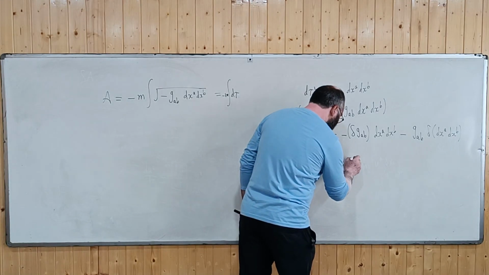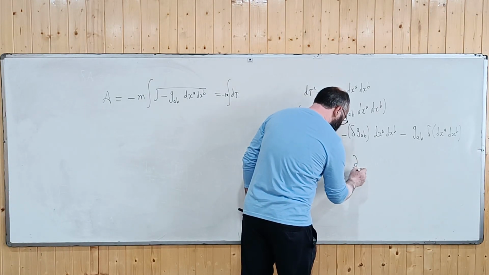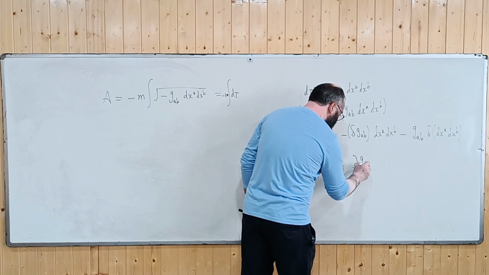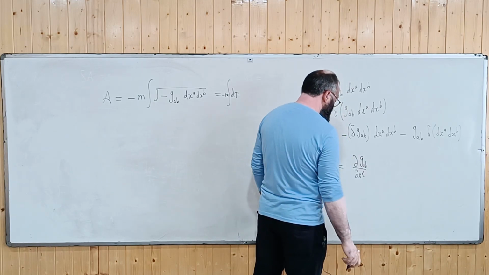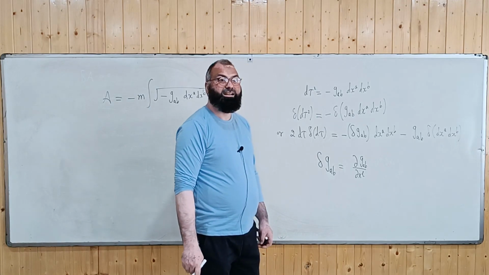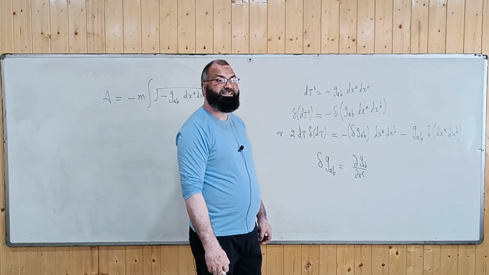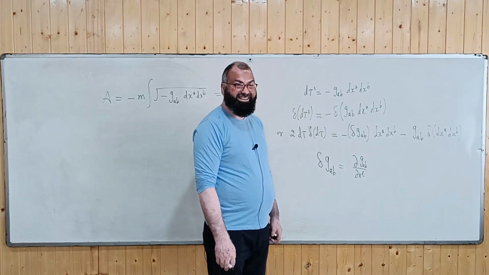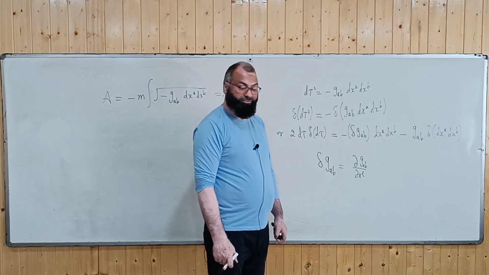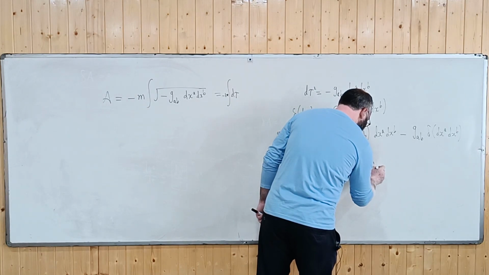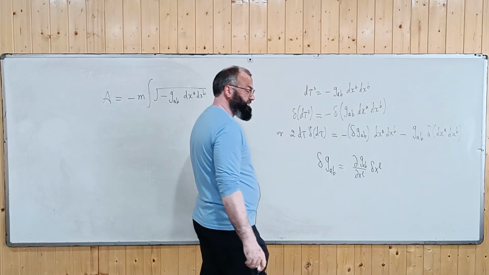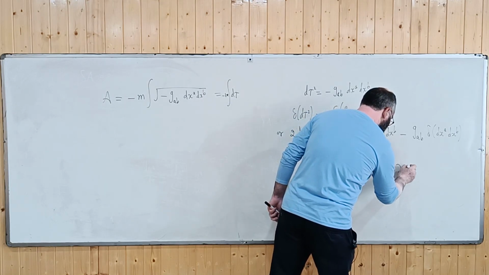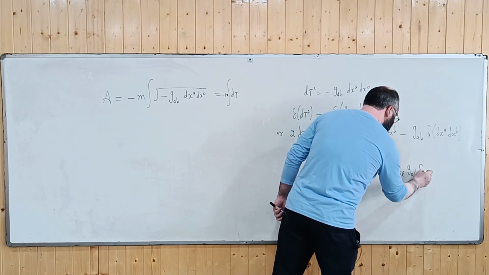Partial by partial x^l of g_ab, then what should I put? The variation in x. It is the variation with respect to x. So this I write as partial_l g_ab delta x^l.